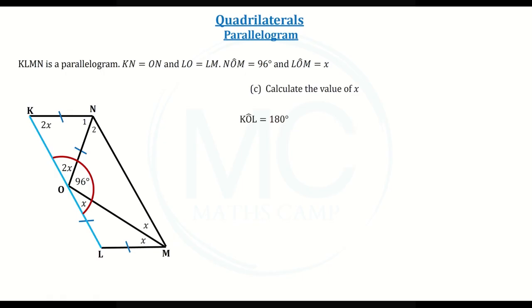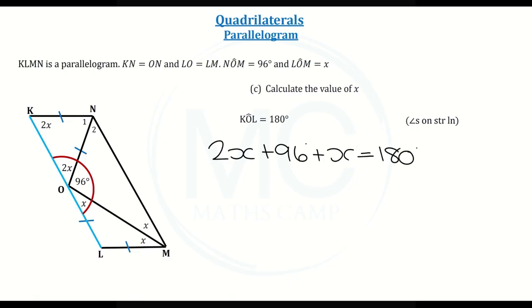And as our reason, we say angles on a straight line. Angle O is made up of 2x, 96 degrees, and x. So now we can say 2x plus 96 degrees plus x is equal to 180 degrees. And now we have an equation we can use to solve for x.